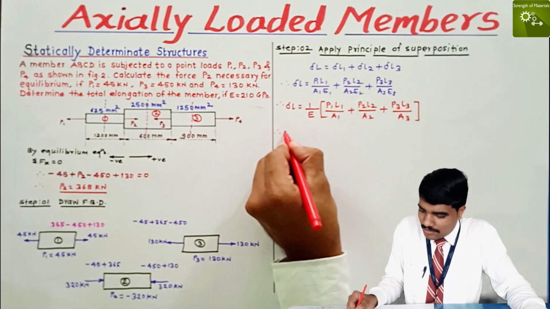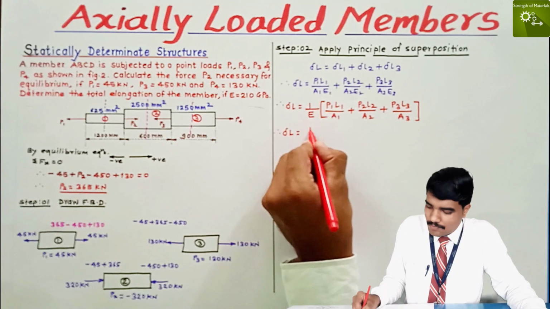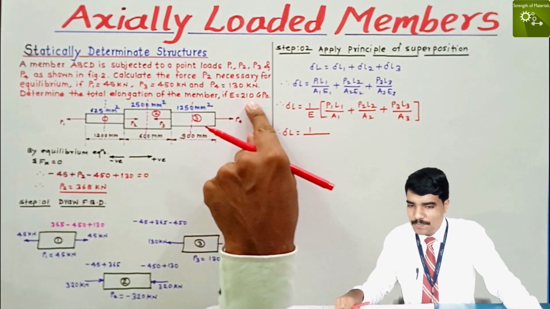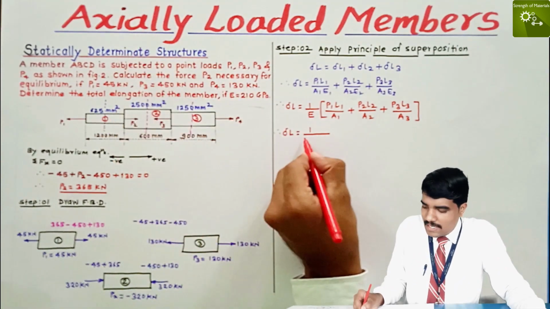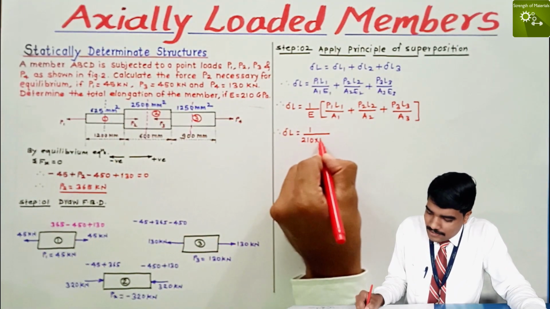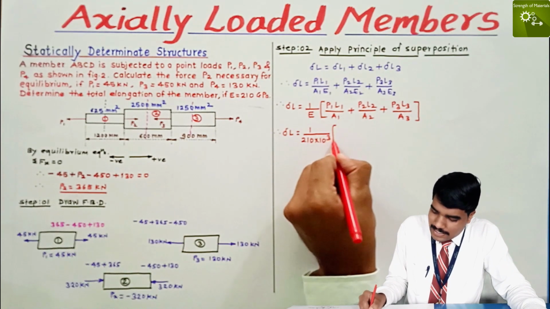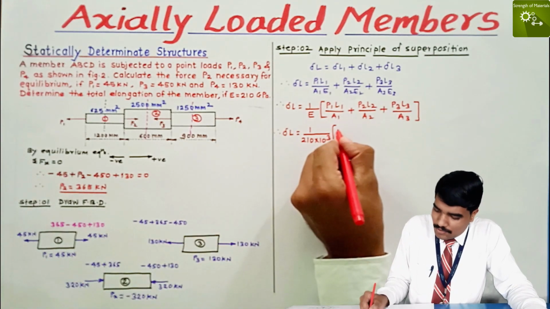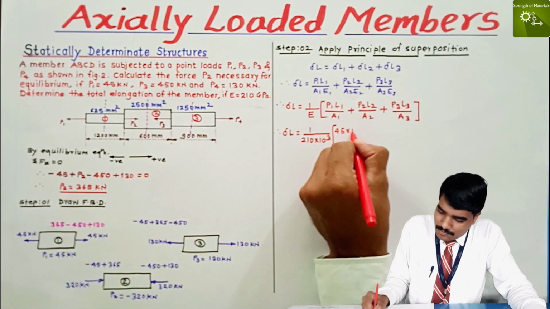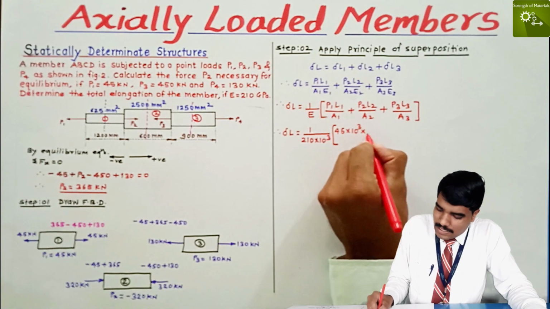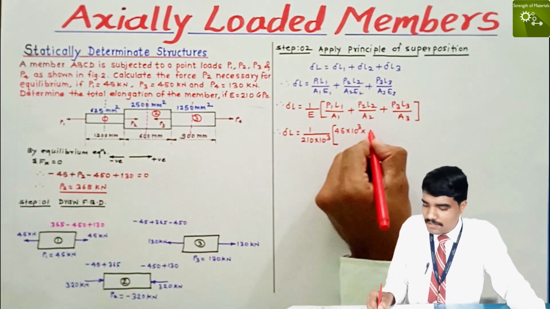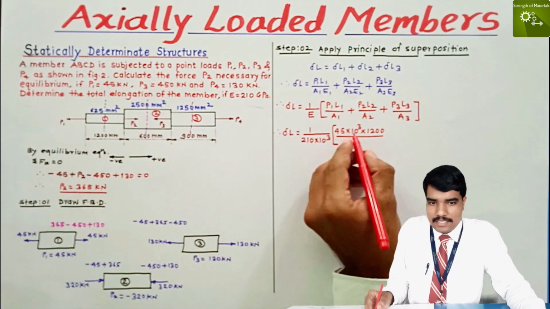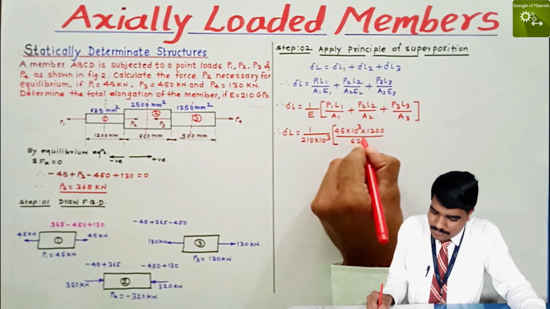We get the total elongation, delta L, equal to 1 upon the modulus of elasticity, which is 210 GPa. Convert into MPa, it is 210 into 10 raised to 3. Again, P1 is 45 kilonewton. Convert into Newton, this is 45 into 10 raised to 3, into L1. L is 1200 mm, divided by A1, and that A1 is 625 mm square.